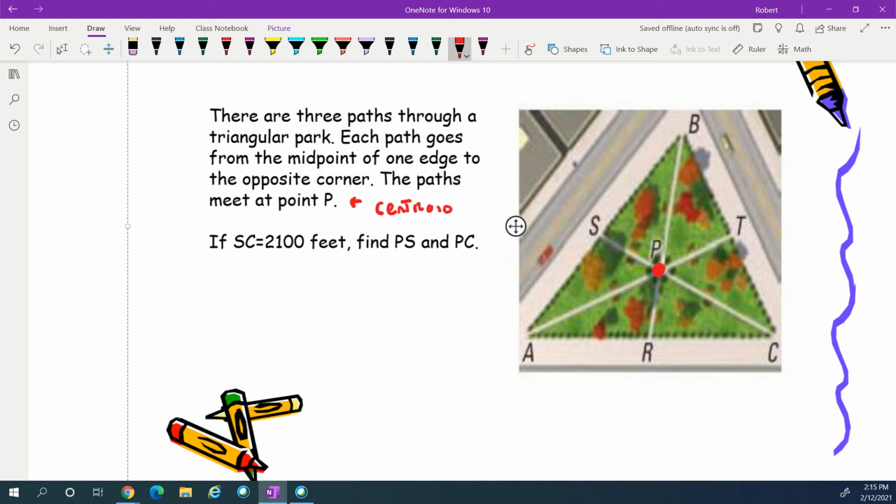We're told that SC equals 2100. Now, if we remember, from the vertex to the centroid is 2/3 of the segment. From the centroid to the midpoint is 1/3 of the segment.